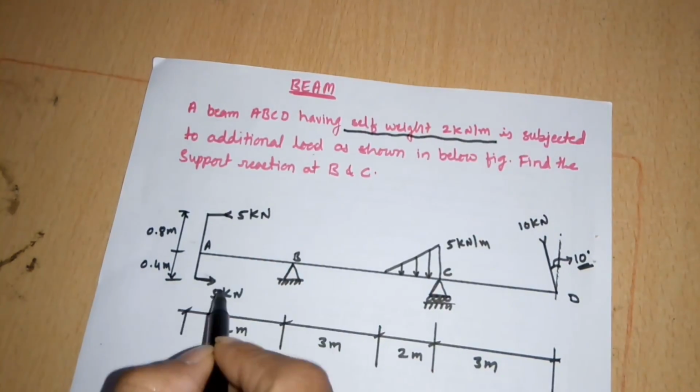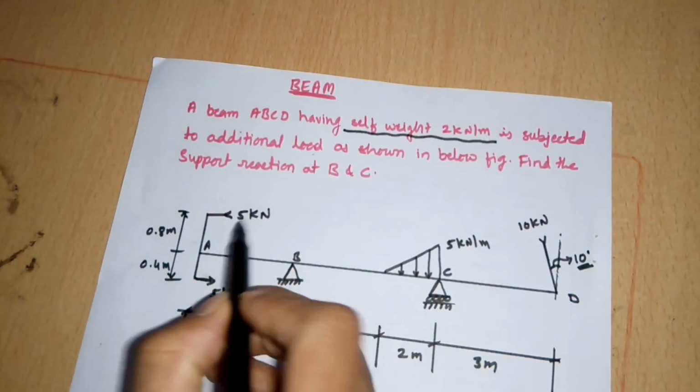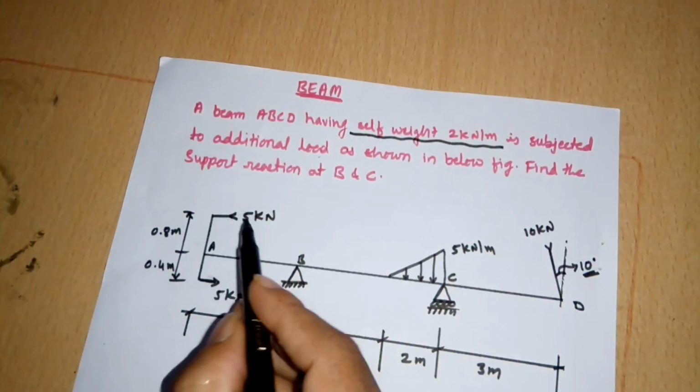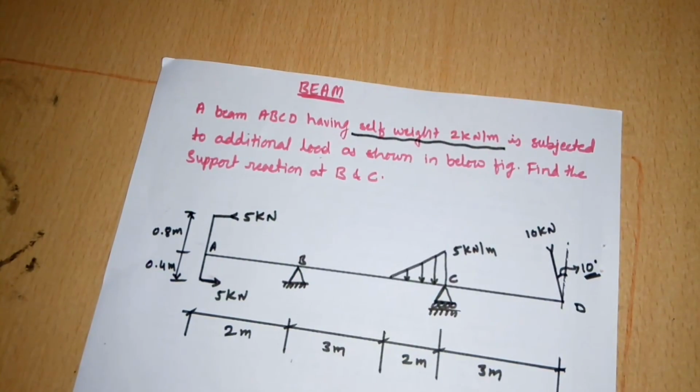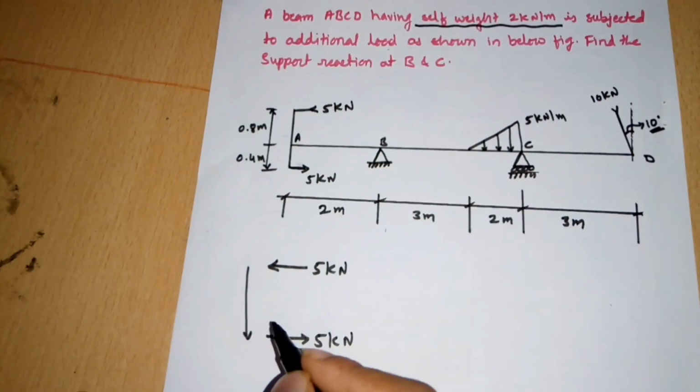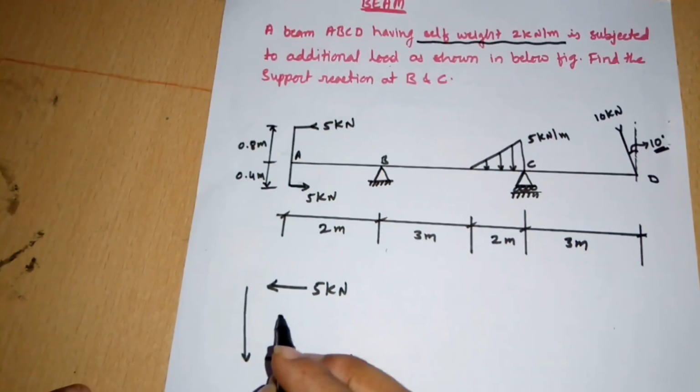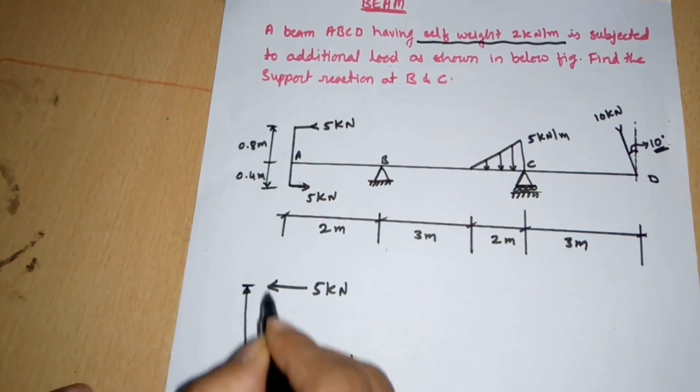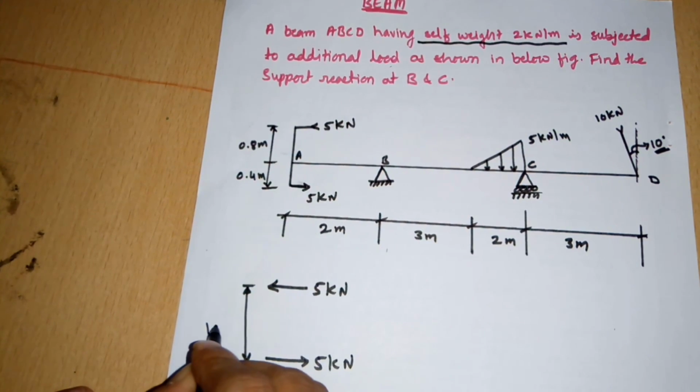So here these are the two forces and which are equal in magnitude. So I am drawing here as it is 5 kilonewton, and one more force is moving in this direction, it is 5 kilonewton, and which are separated at a distance of 1.2 meter.